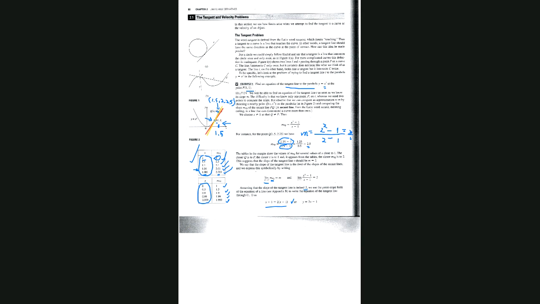And what they show here on the next page, in this figure 3, is the process that occurs in the example. The point P is always (1, 1).